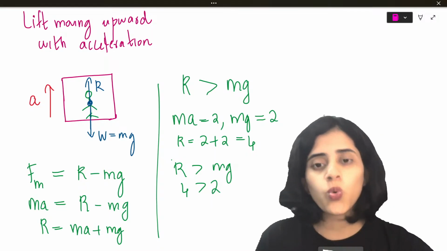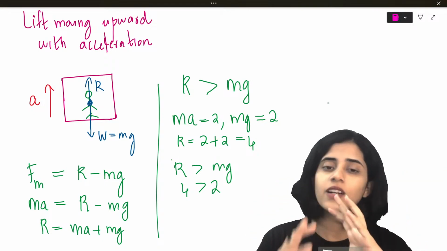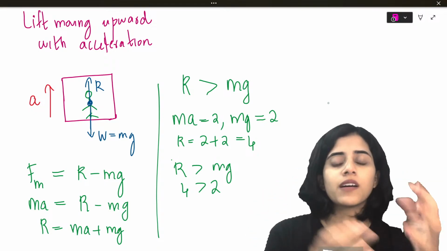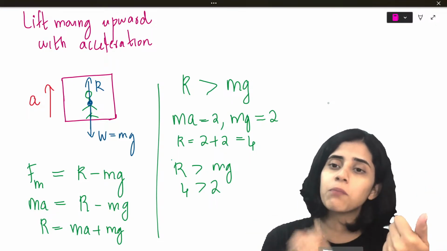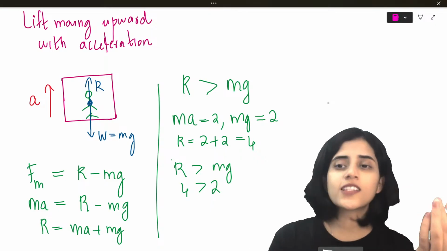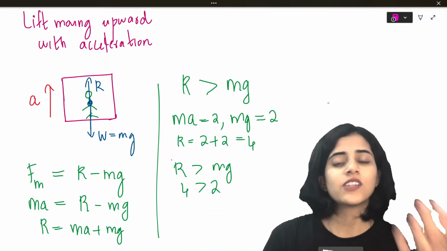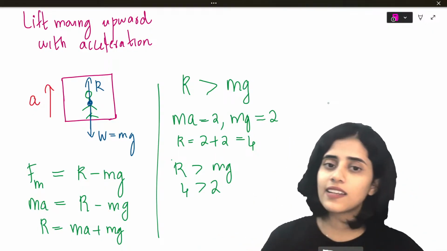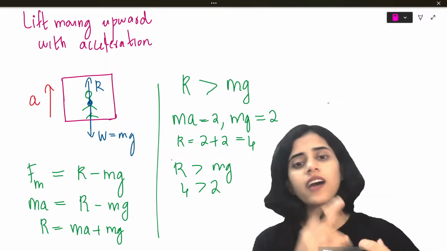Whatever numbers I put there, you have a number mg, and to mg you are adding another number. That together gives you R. So every time R will be bigger than mg, because R is mg plus ma. So R will always be greater than mg. Now what does R greater than mg mean?